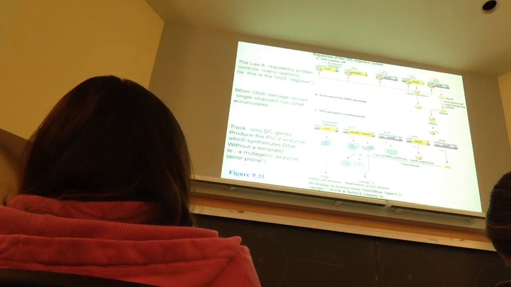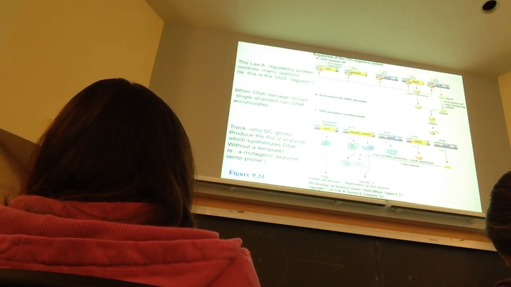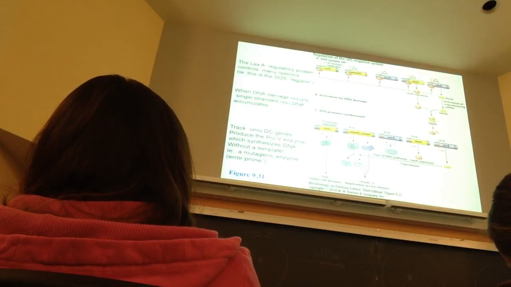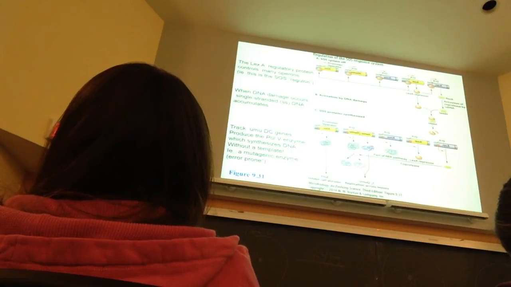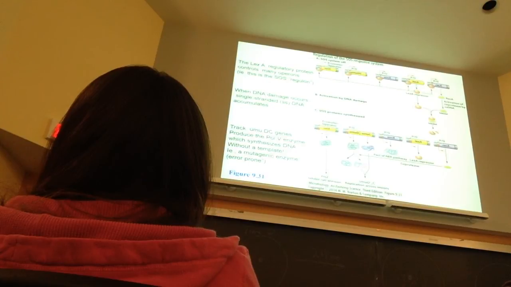Okay, so here is RecA in contact with single-stranded DNA, and in this form, it causes the LexA repressor to autocatalyze, to auto-breakdown, to actually exert proteolytic activity on itself. So here is the DNA damage, and it's in this form that the RecA protein causes the destruction, the proteolytic cleavage of LexA.